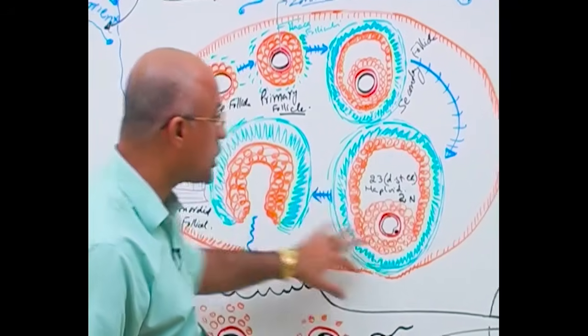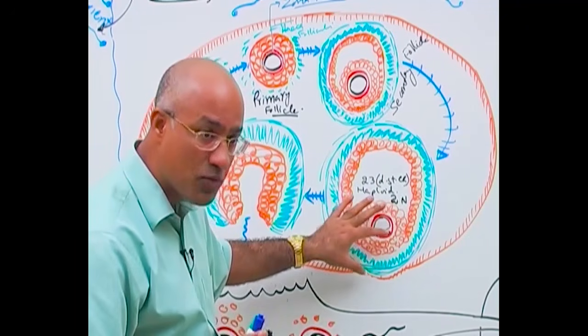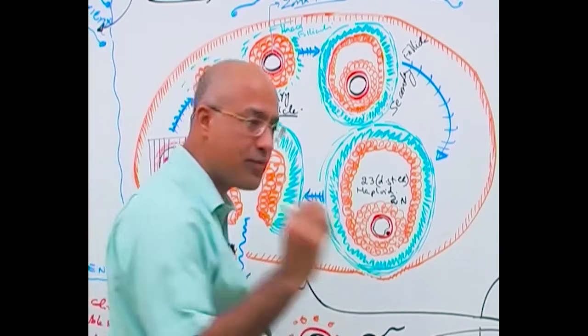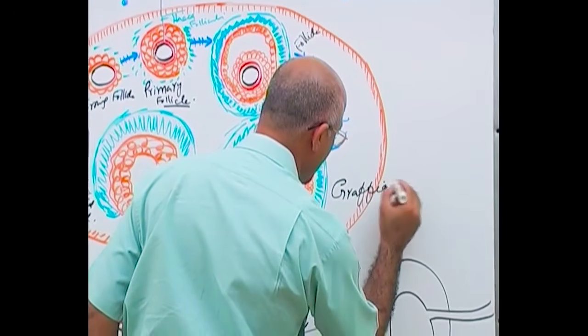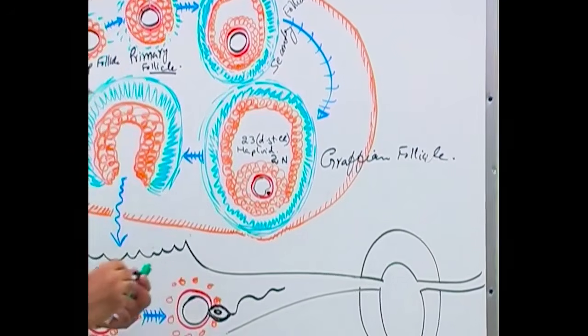And this is now a fully mature secondary follicle. This fully mature secondary follicle is also called the Graafian follicle. So what is the Graafian follicle? It is a fully matured secondary follicle.